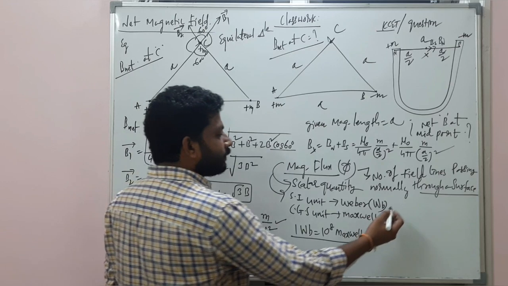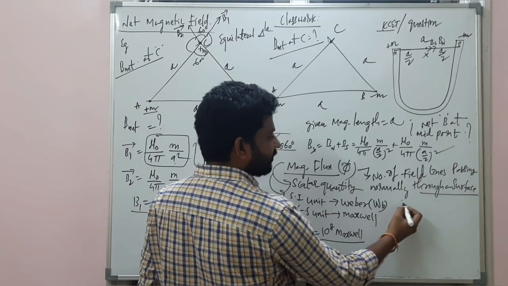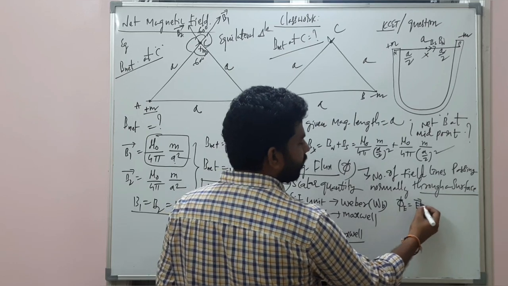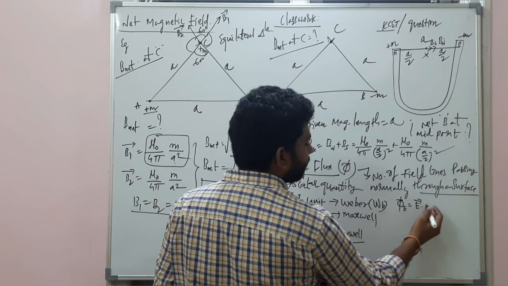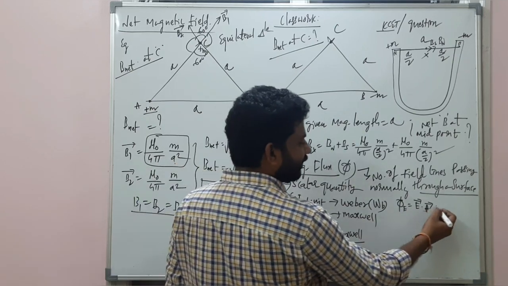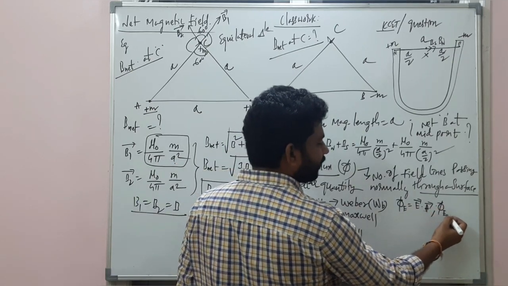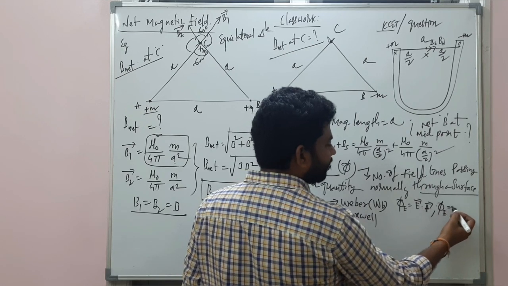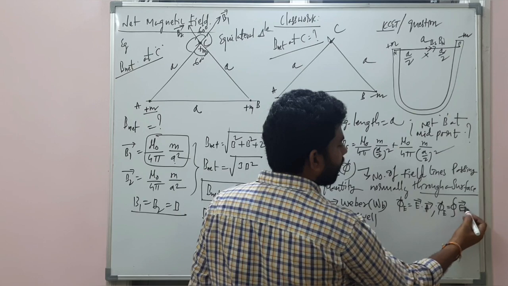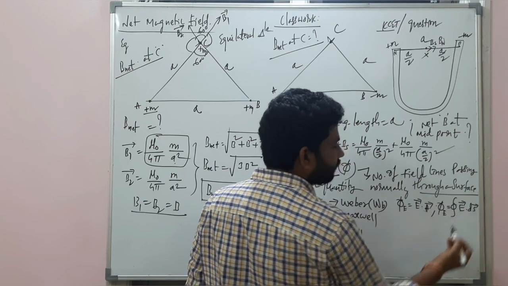Here, I hope you remember the situation. Electric flux will be E bar dot A bar, where A bar is the area vector. We had already learned that electric flux is the closed integral of E bar dot ds bar.